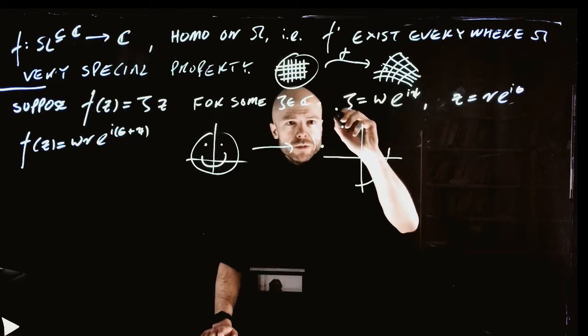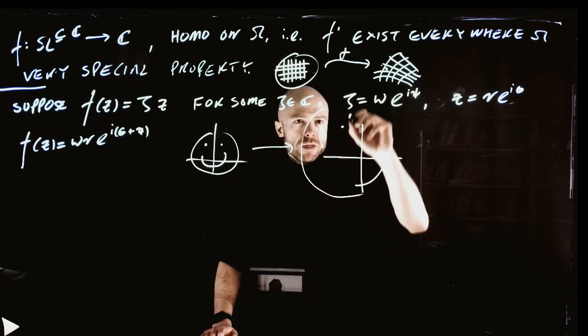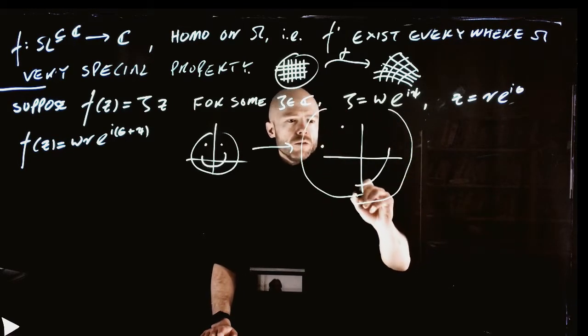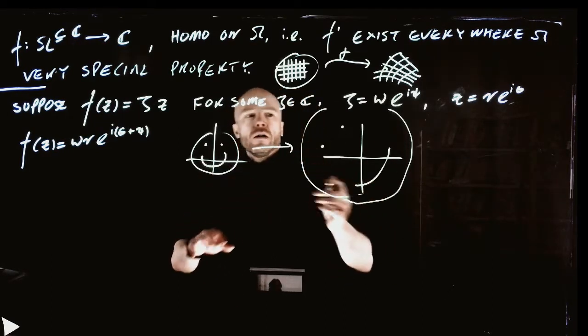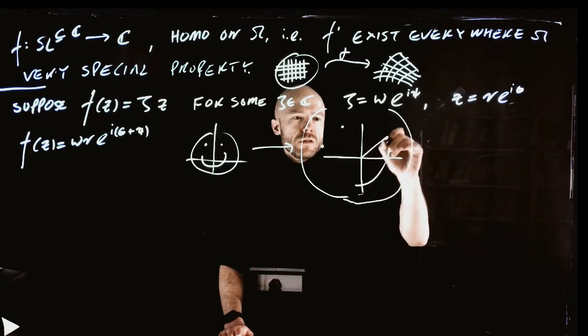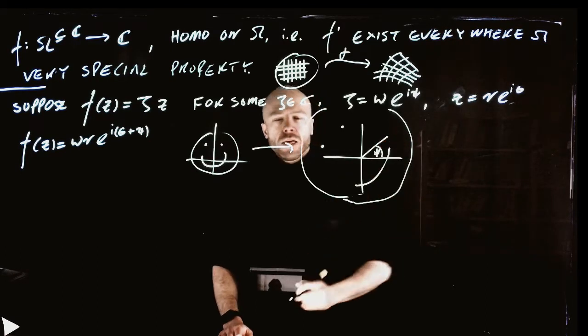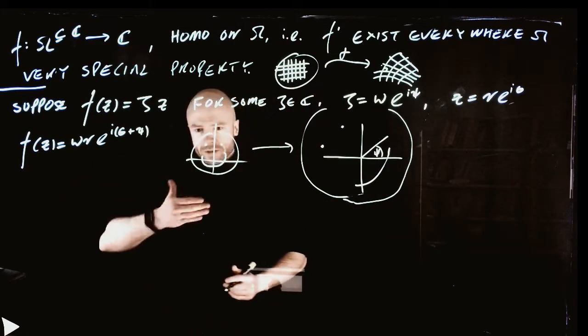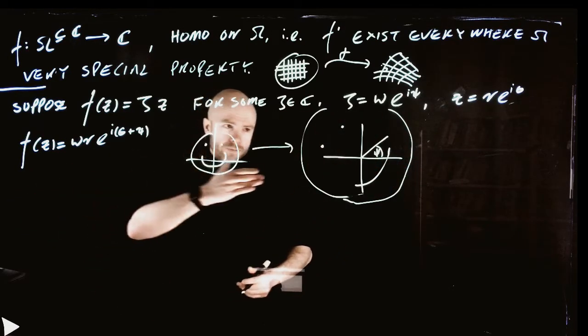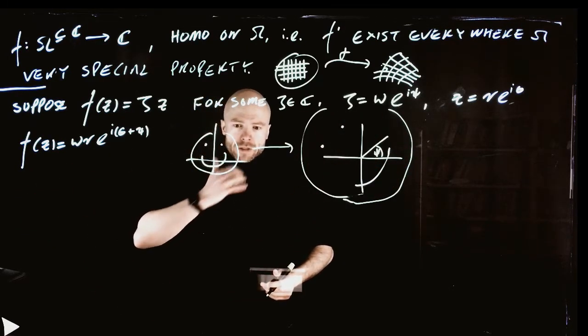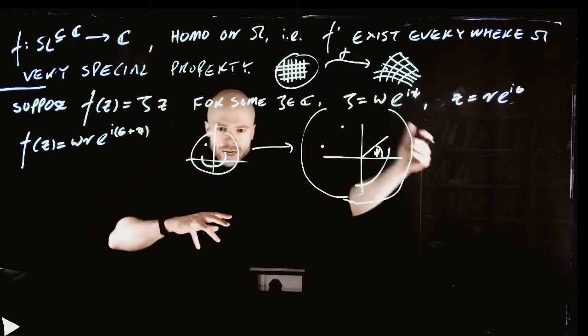I'm drawing it as if it's being stretched, so in this picture we have w bigger than 1, and we are rotating by an angle of phi. This is the simplest mapping we can think of. It is just rotating and dilating things.